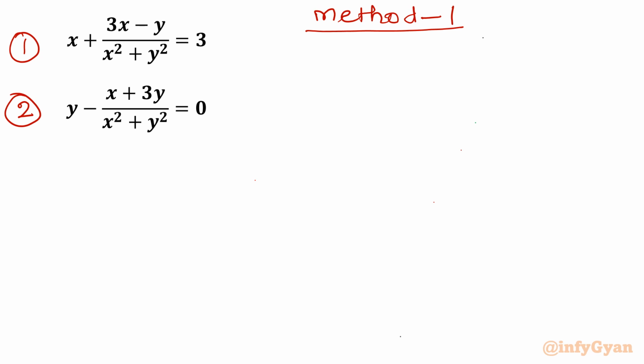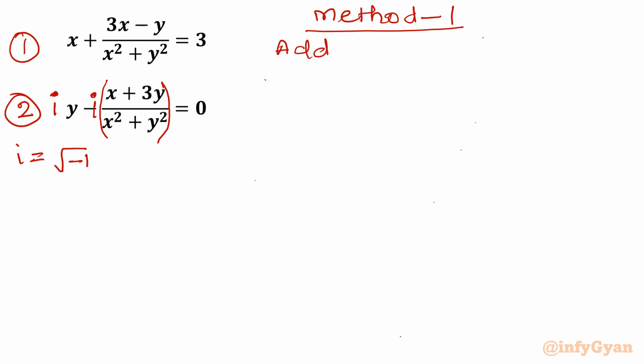I am going to multiply the second equation with i. So if I will multiply with i, see how equation will look like. It will be i here also. And we know that i is square root of -1. Let's multiply with i and then add both the equations.